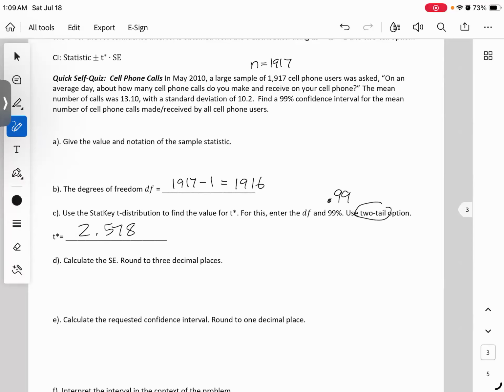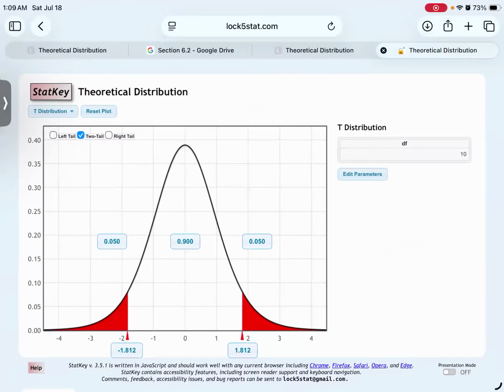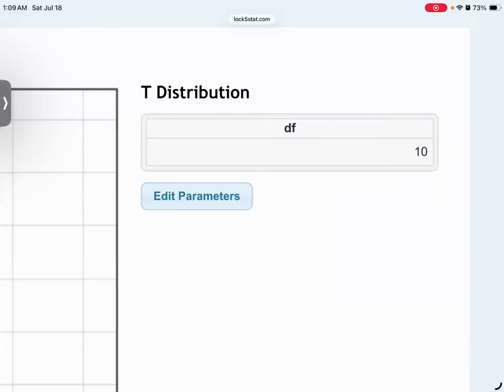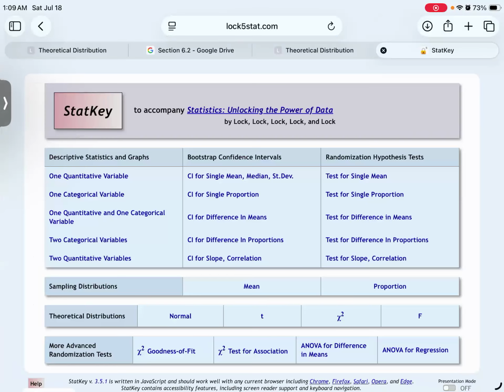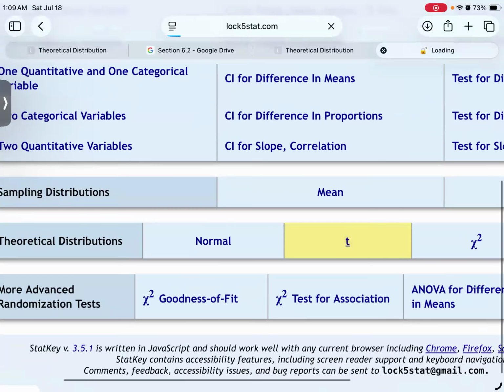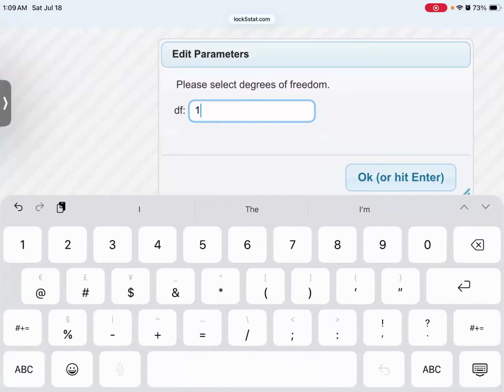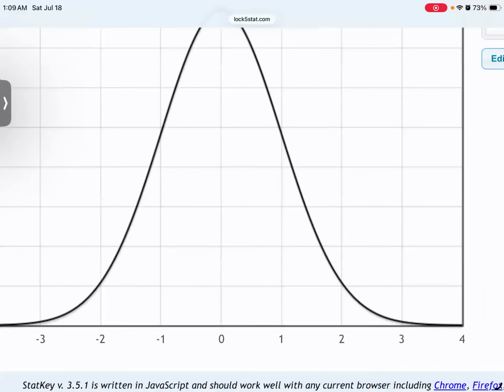And again, two tail, right? Since this is about confidence interval, you want to click the two tail. You want to change your degree of freedom to 1916. You want to change the middle to be 0.99. Here, I'll go ahead and do this with you. We want to reset this. You can change it right here, or also if you just jump out to the home page and back into the t distribution, it'll ask you afresh for your degree of freedom.